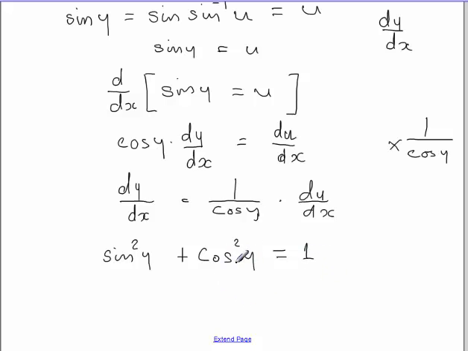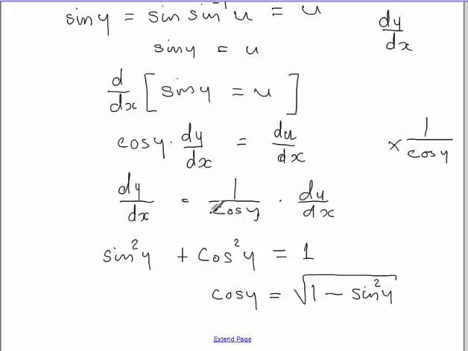And I think we can see here, we can make cos y the subject of the formula. If you do that, we're going to get cos y equals the square root of 1 minus sine squared y. Is that right? Okay, so that is that.